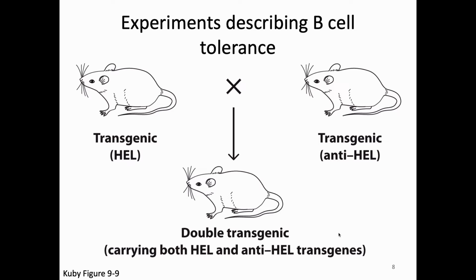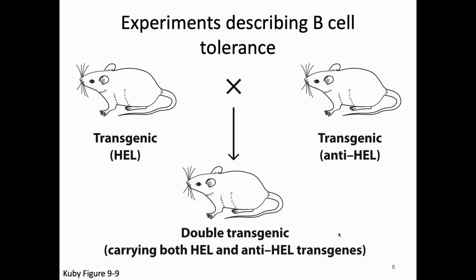So if you were going to do some flow cytometry, let's say you had an antibody against heavy chain, and you had an antibody against the antigen-specific B cell receptor, okay?